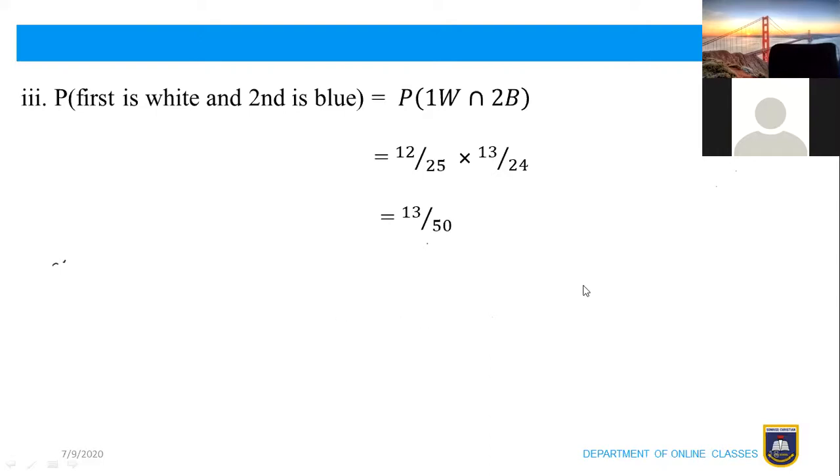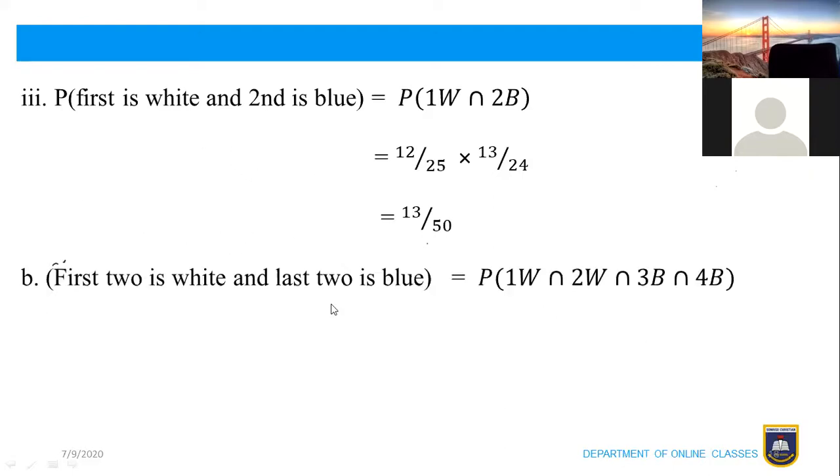Okay, let's look at the suggested solution. We are to find the probability that the first two are white and the last two are blue. If you have four balls, meaning they are all in the basket, you are picking 4 out of the total number of balls in the bag.